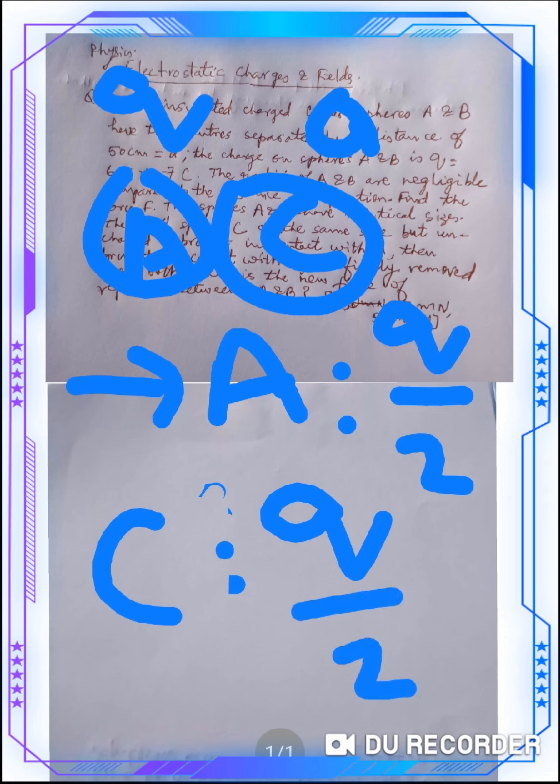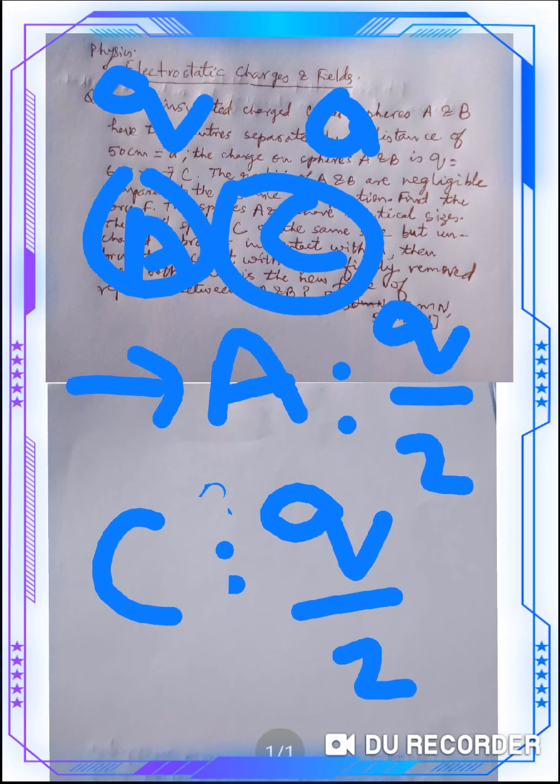In charging by conduction method, when two spheres are in contact, then after separation, if the size of both is same, charges will be equally distributed, that is Q plus 0 upon 2. So charge at A will be Q by 2 and charge at C will be Q by 2.